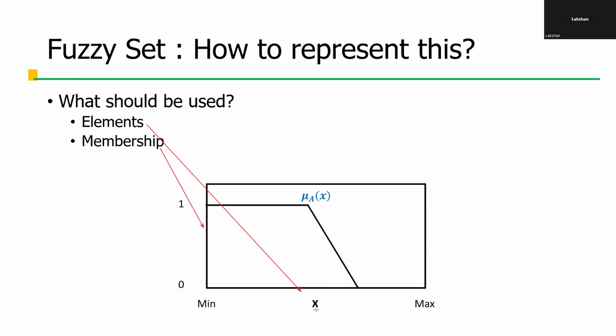First, we represent the elements on the x-axis. So from the min to the max value, we will put the elements here. And for the membership from 0 to 1, we will go for the membership.